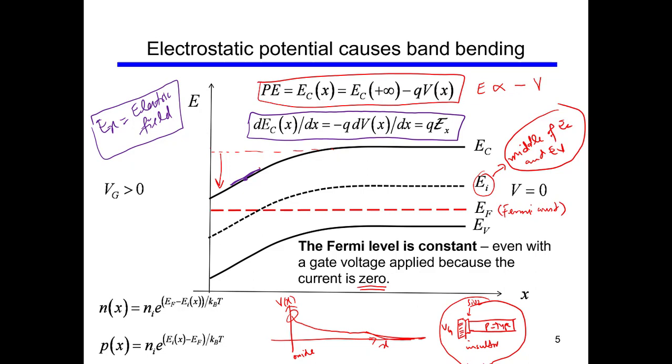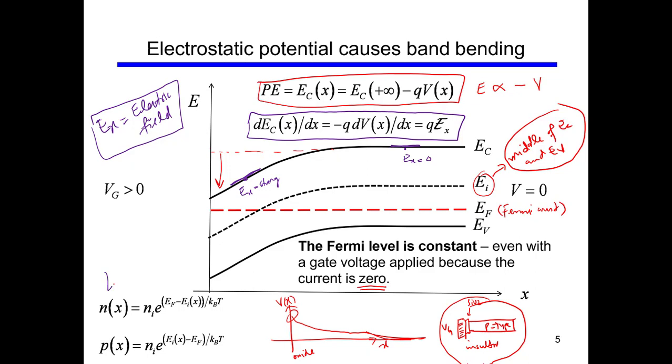Here we have a positive slope, which means that the electric field Ex is strong here. And here you see the slope is 0, so the Ex is 0 here. So electric field is the differential of band along the x direction.